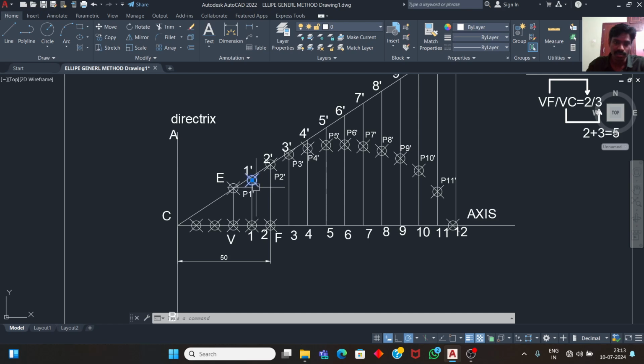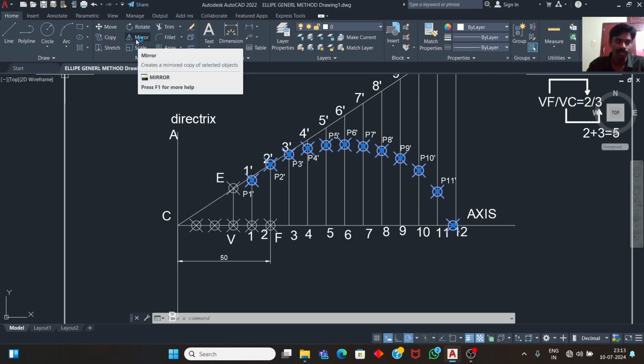First of all, select all the points we are going to mirror. Please select all these points, and keep the 12 points as usual. Go to the mirror command. Here we have the mirror command in the modify toolbar.